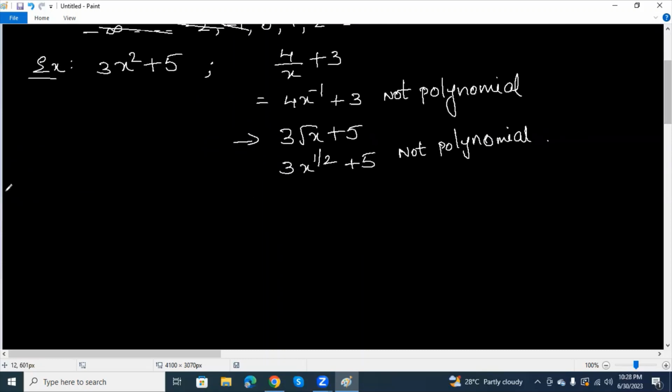Let's get into the degree of the polynomial. What is the degree of the polynomial? The highest power of the term in the polynomial is called the degree of the polynomial.